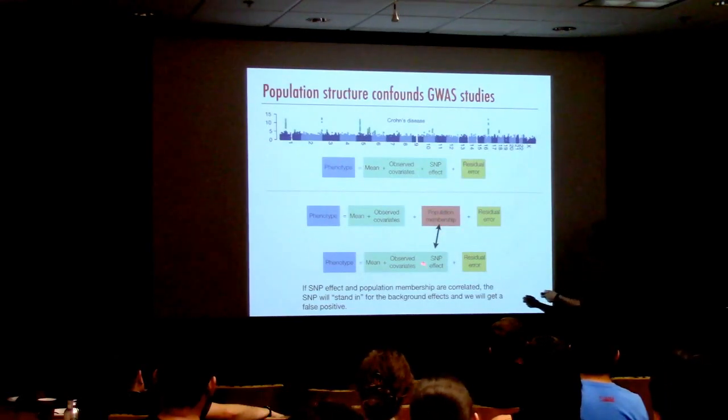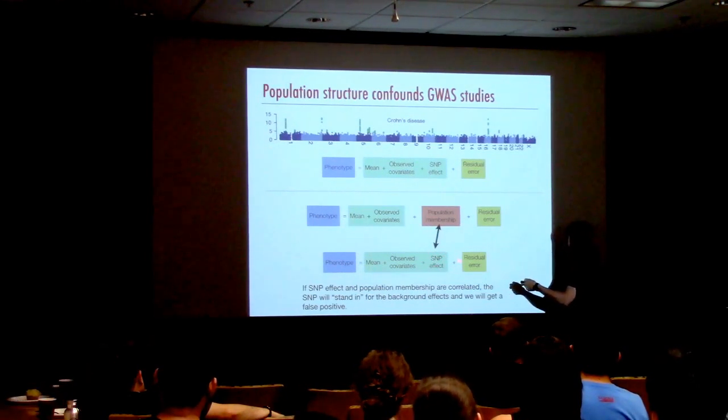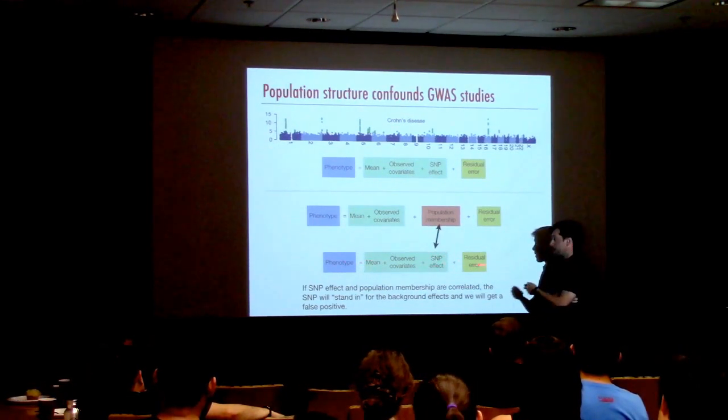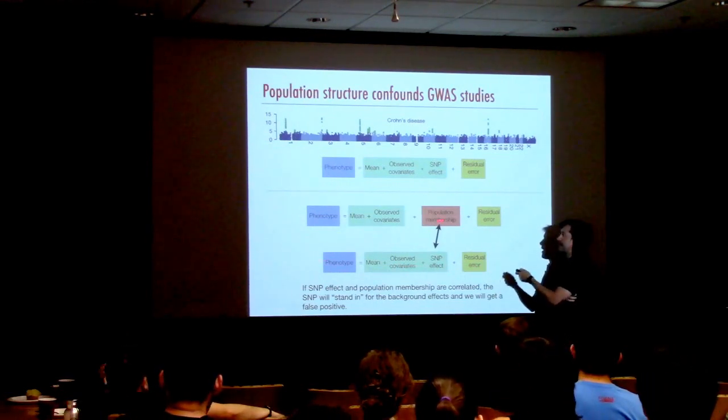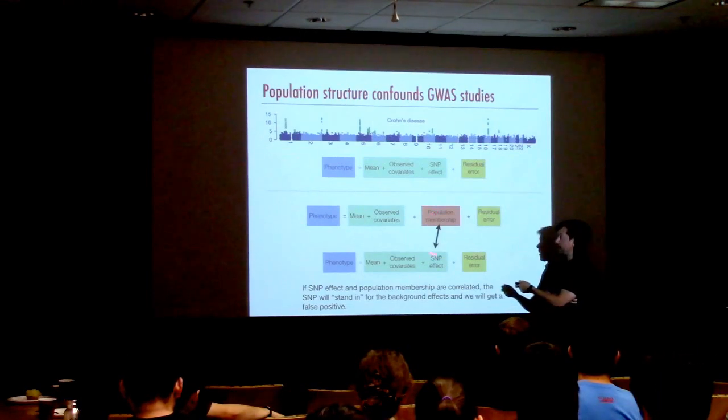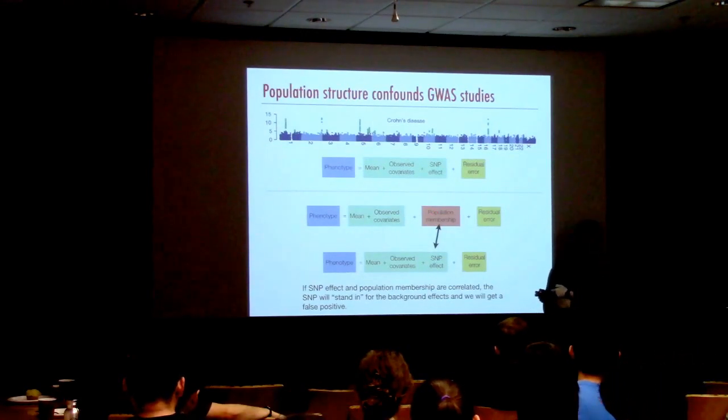So that you will see a significant SNP. If you don't include population membership as a variable when you run your genome-wide association study, the SNP will stand in for population membership, and you'll get a false association, okay?